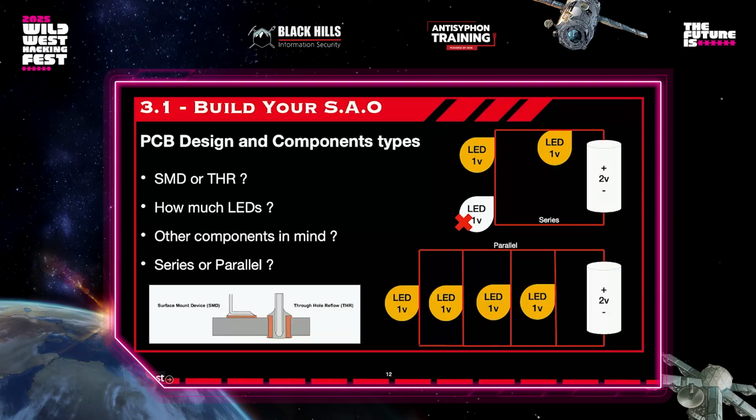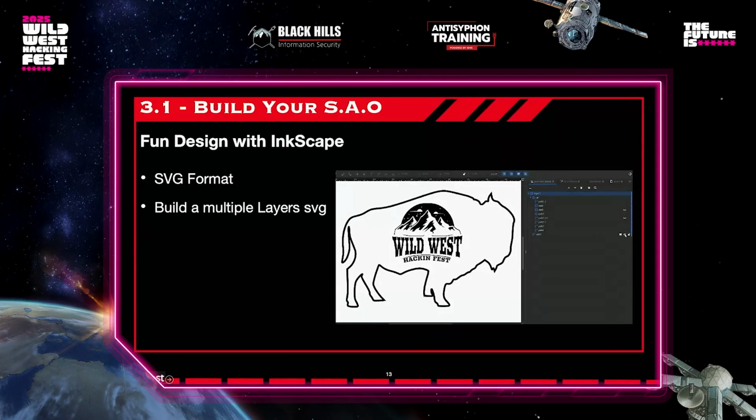So I wanted to build a design that matched the theme of that event. For that, you will need to have an SVG file because you have multiple layers. It's important because in KiCad, you are going to add the layers one by one, as each layer is not going to be the same.